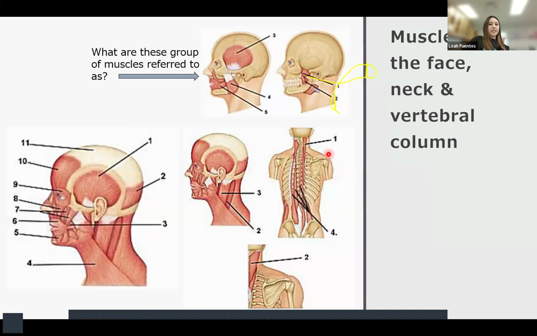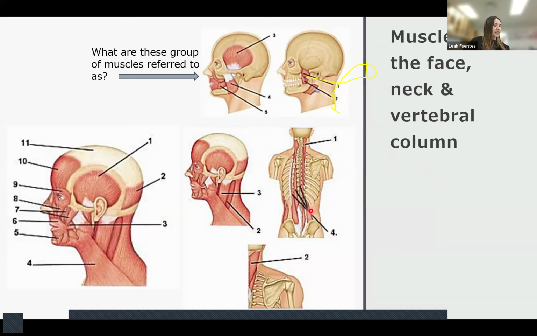Moving to our right, number 1 right here, does anybody know, again, what this one is? This one is going to be our semispinalis capitis. And then number 4 down here is referring to 3 specific muscles that make up our erector spinae group.